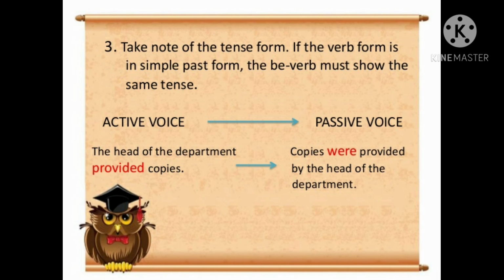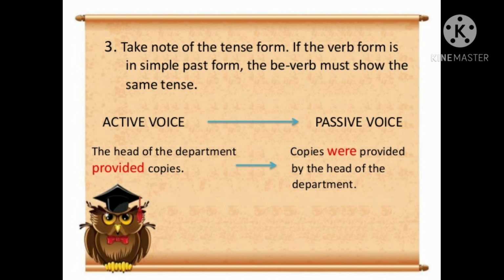So if it is written in active voice, the head of the department provided copies. Now children, find out the verb first. So here the verb is provided. Now tell me in which tense it is written. It is written in simple past tense. So we have already learnt in our general rules that simple past tense, if it is changed into passive voice, what will we write there?